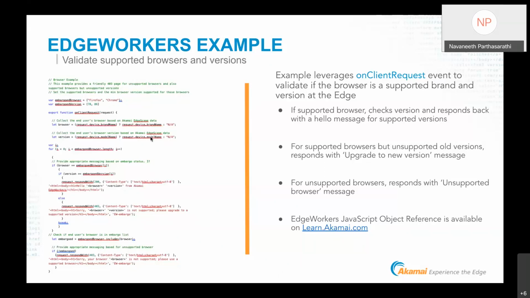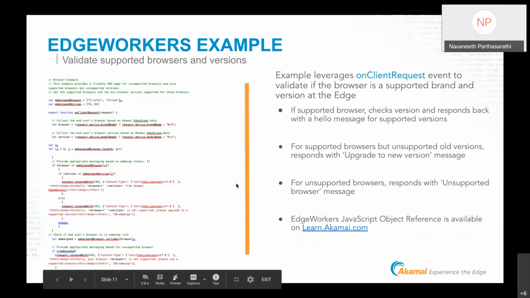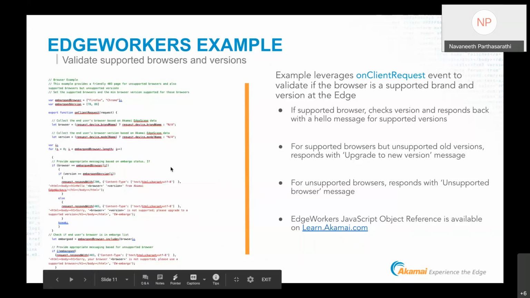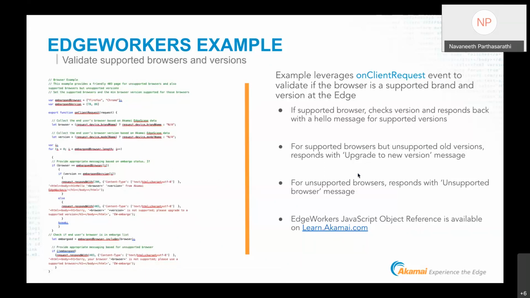So this is a very practical example where one of my customers used to run this logic from the server. So I thought we can do that straight away from here. As you see, the logic has got three branches: supported browser with supported version, supported browser with unsupported version, and finally unsupported browser.